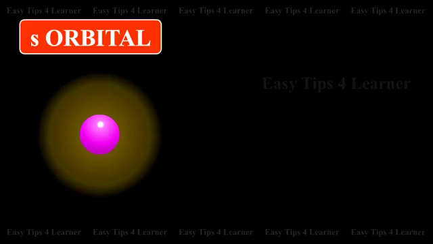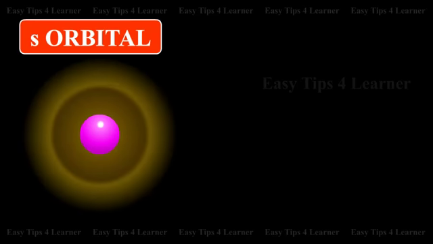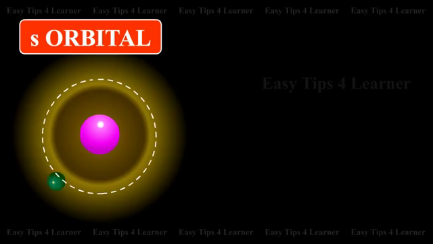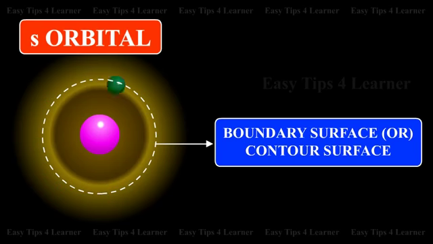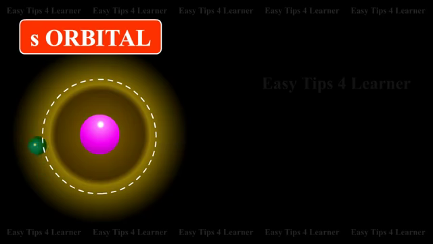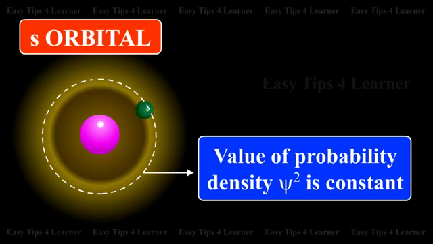Boundary surface diagrams of constant probability density for different orbitals give a fairly good representation of the shapes of the orbital. In this representation, a boundary surface or contour surface is drawn in space for an orbital, on which the value of the probability density psi square is constant.